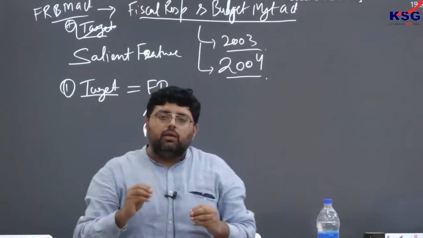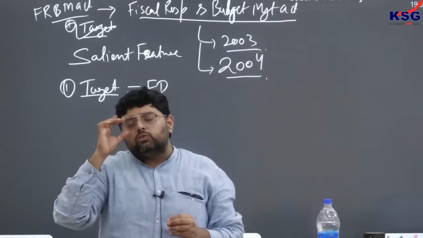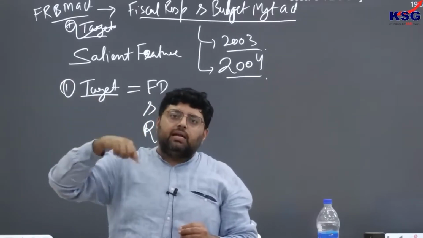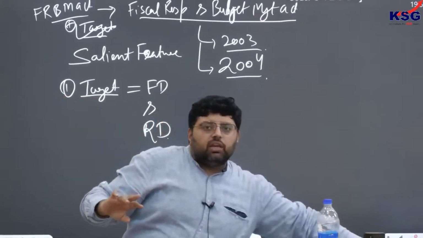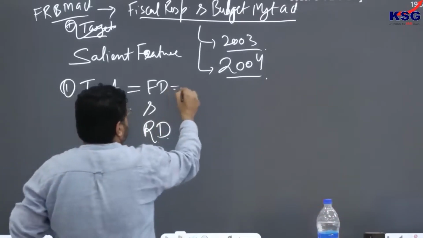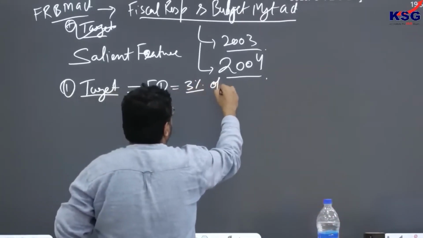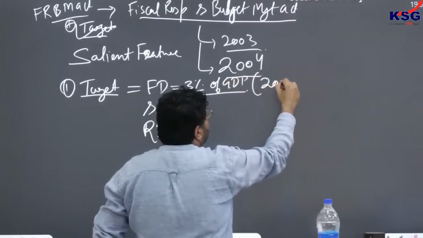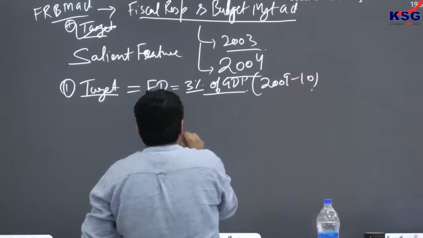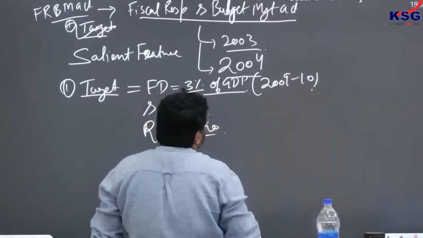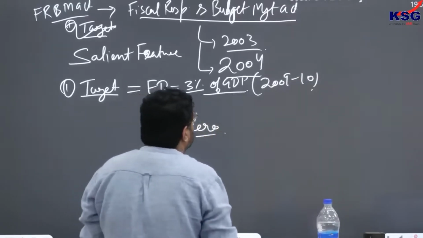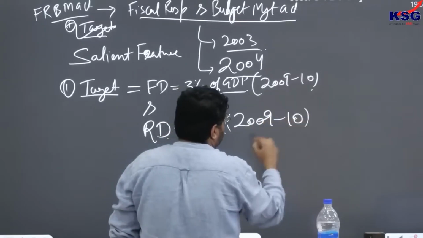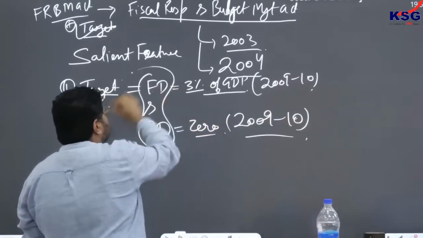In 2003, when this act was initially introduced in Parliament, they gave a target for FD of 3% of GDP, and the RD target is 0. They said the government must achieve 3% of GDP by 2009-10. Similarly, RD must be 0, to be achieved in the same time period, 2009-10.